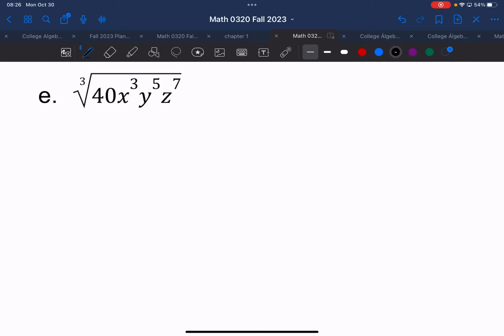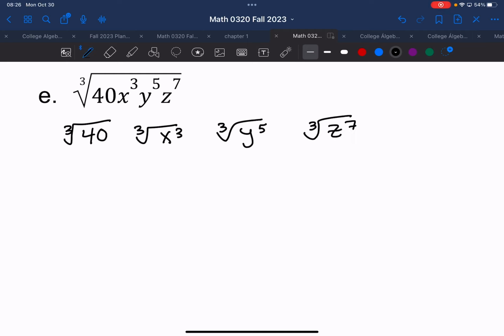So I have the cube root of 40, the cube root of x cubed, the cube root of y to the 5th, and the cube root of z to the 7th. Okay, all I did was give that cube root to each part of my problem.